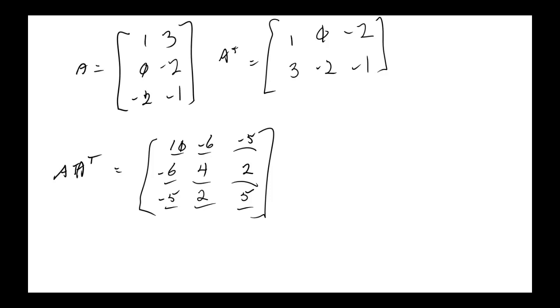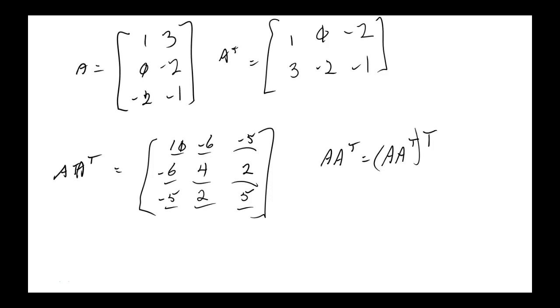So the rows and columns are the same. That's the way they define a symmetric matrix: the matrix is equal to its transpose. That's what makes it symmetric.